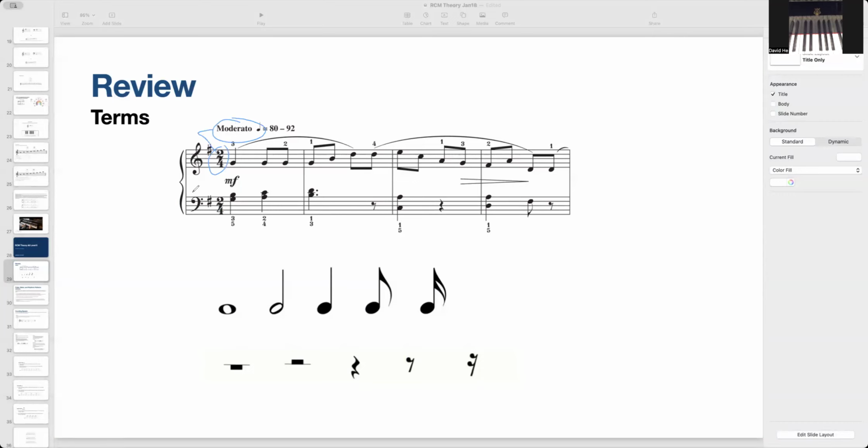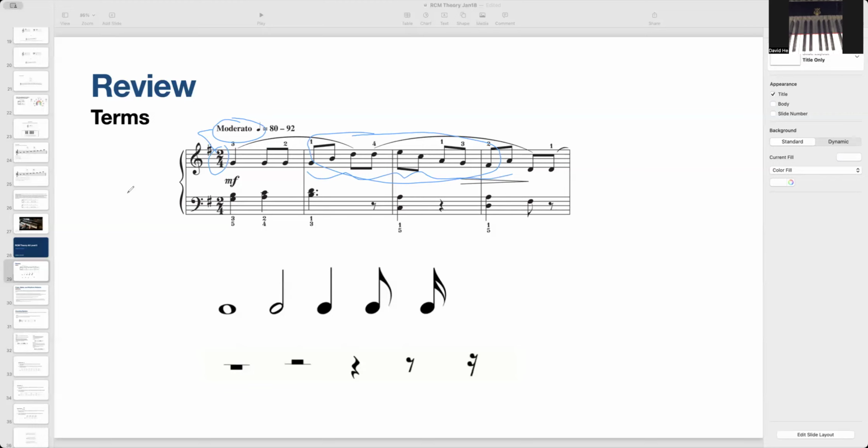Some of you play, for example, a minuet in G major, and in that one we have a lot of eighth notes. Some of you may tend to play those very fast. Don't, because if you do that, you are going to mess up the whole rhythm.